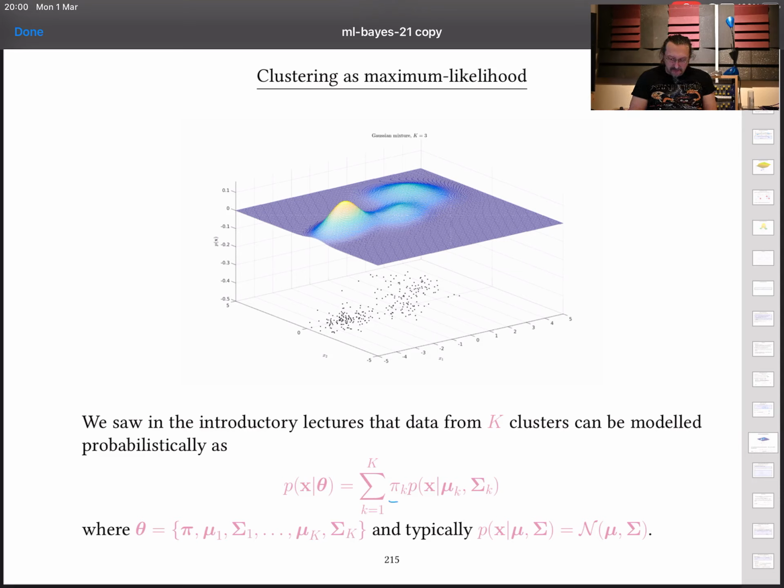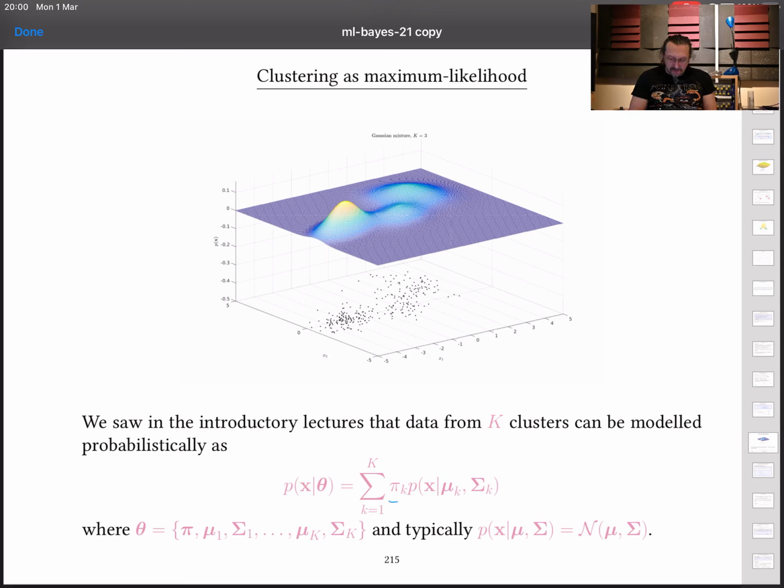Okay, so I roll my k-sided die and it says use cluster 2, and now I have a probability density that models that cluster, and I sample that and I get a vector x, and that is the first vector in my training set, and I do this multiple times. Okay, and that gives me a collection of data that will have a more or less kind of clustered look to it, depending on what probability density I'm using for each cluster.